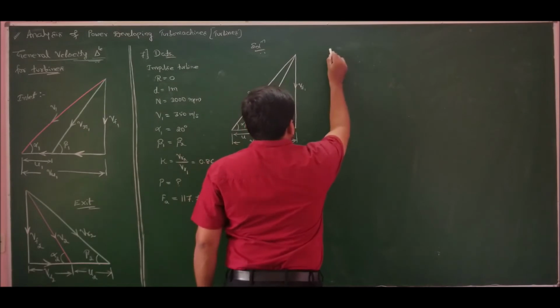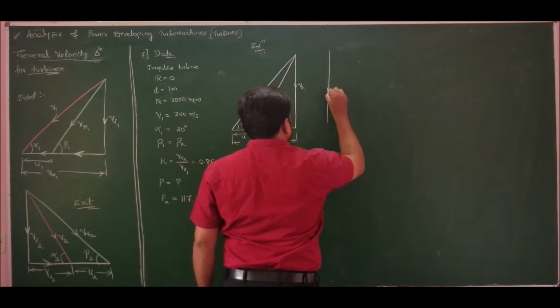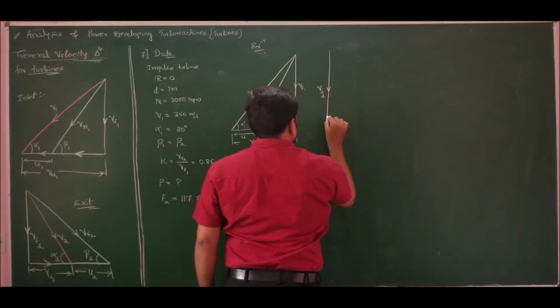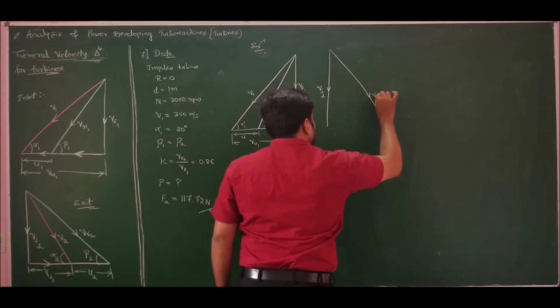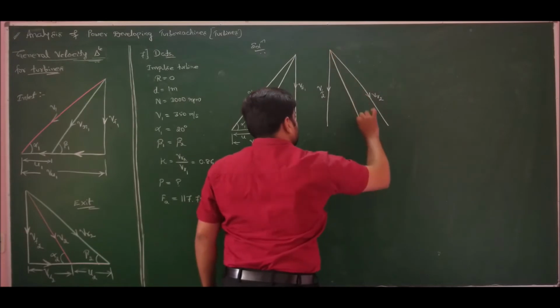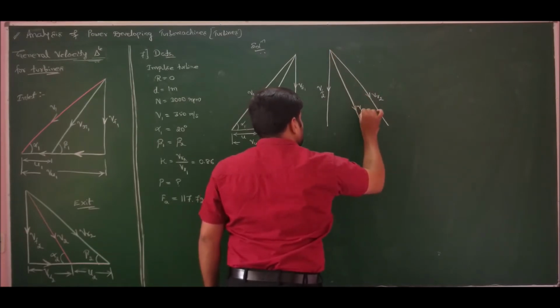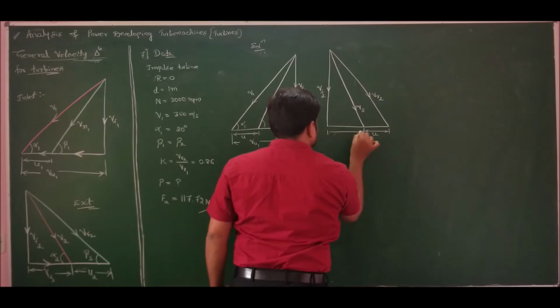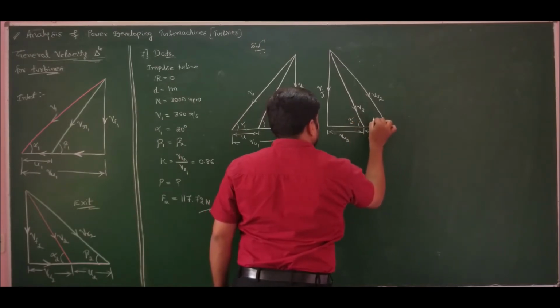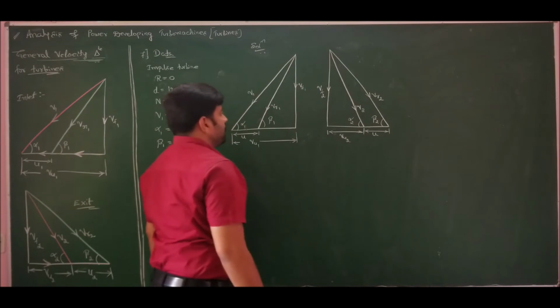At exit we have Vf2, and we will be having Vr2 and V2. Join the base, absolute is the reference, absolute relative is U, absolute flow is Vu, at exit it is Vu2. The angle made by V2 is alpha 2, and the angle made by Vr2 is beta 2.